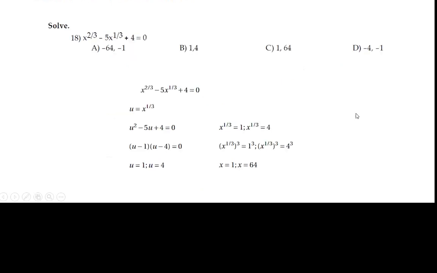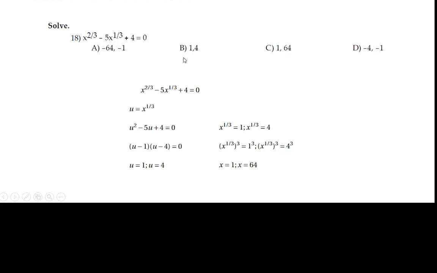Finally, number 18. We want to solve x to the 2/3 minus 5x to the 1/3 plus 4 equals 0. And we can make a u substitution. If we let u equal x to the 1/3, then this gets rewritten as u squared minus 5u plus 4 equals 0. That factors to (u minus 1) times (u minus 4) equals 0, which gives us answers for u of 1 and 4.